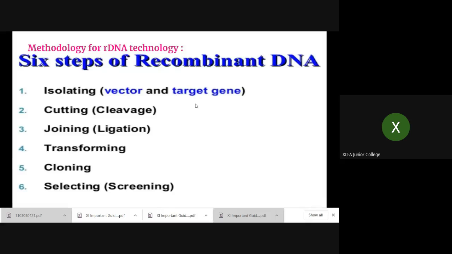It is isolated from the organism, the human body, which has that gene responsible for insulin production. And the vector is where we have to insert this gene of interest. So isolation of the target gene as well as isolation of the vector, both are important. So isolation is the first step.